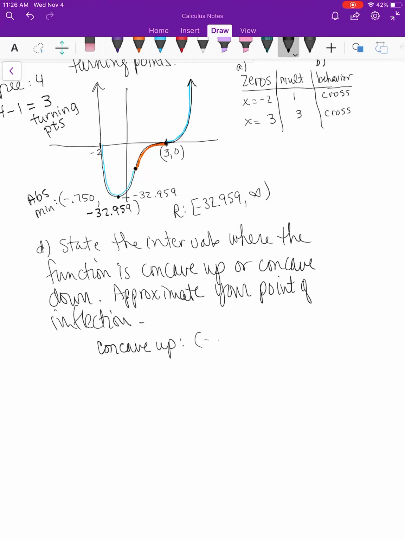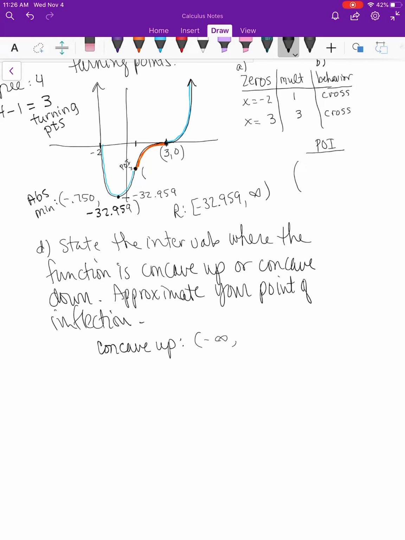From negative infinity to, we need that point of inflection, don't we? Because it's concave up to the x value of this point of inflection. So whatever this x value is, negative infinity to that x value, because this is our point of inflection here. So let's calculate our point of inflection.